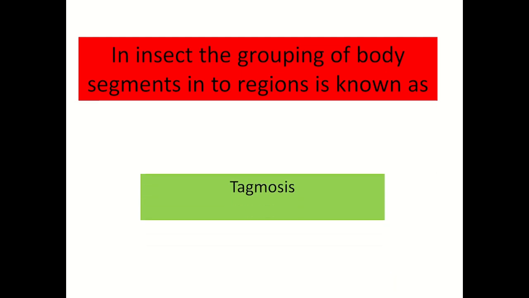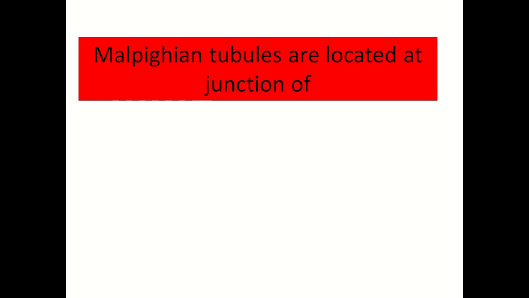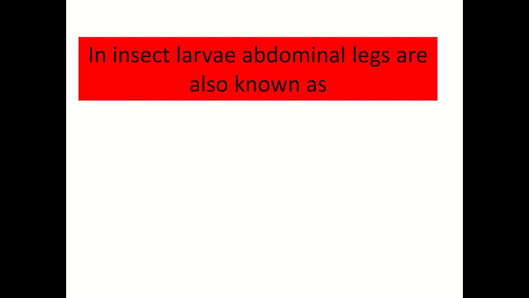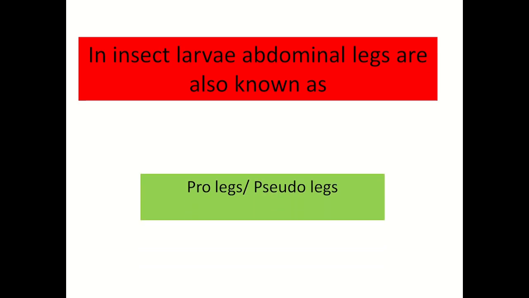In insects, the grouping of body segments into a region is known as tagmosis. Malpighian tubules are located at the junction of midgut and hindgut. In insect larvae, abdominal legs are also known as prolegs or pseudolegs.